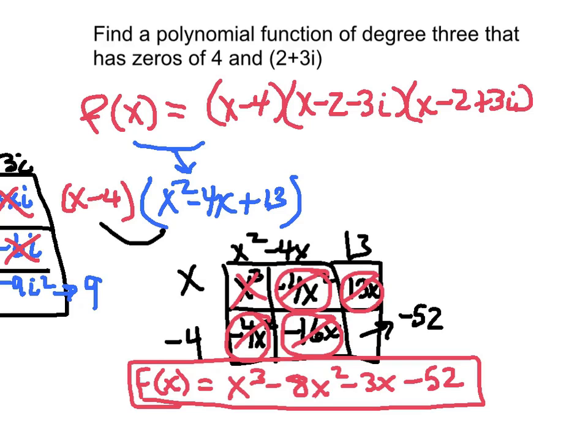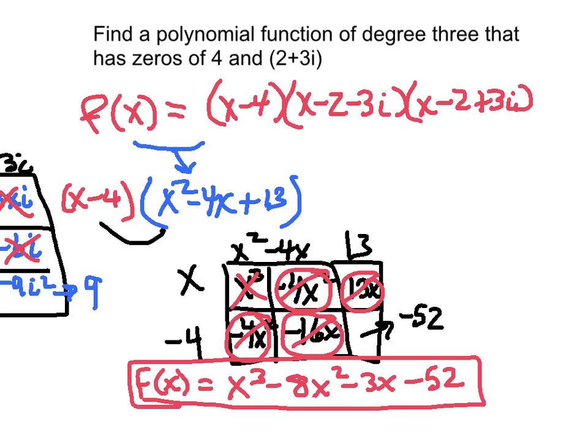This function has zeros of 4, 2 plus 3i, but also 2 minus 3i. I got this by knowing what the zeros are, knowing that a complex zero will have its conjugate also be a zero. I find the factors by taking x minus each one of the zeros, and then I multiply that out entirely to get this function.